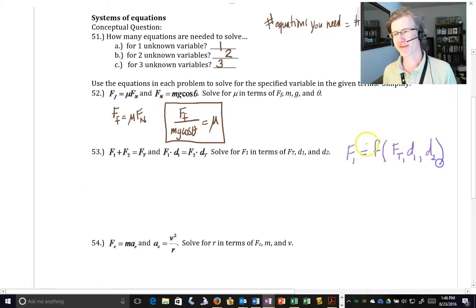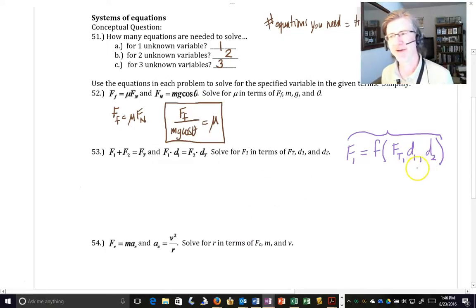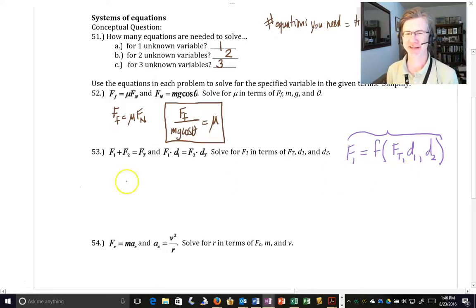It's okay if you don't understand this notation, but it helps remind me that I don't want to see an F2 in my final equation. I only want to see an Ft, a D1, and a D2. So let's get started here.